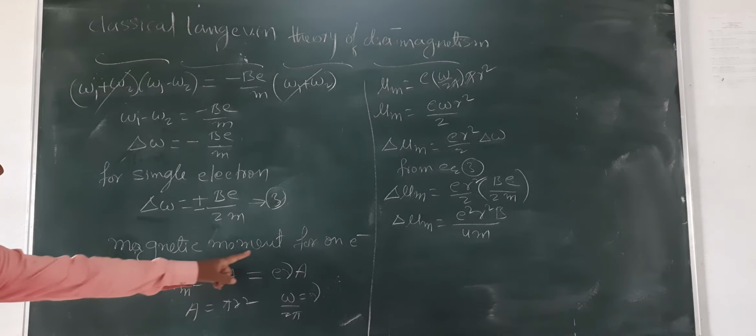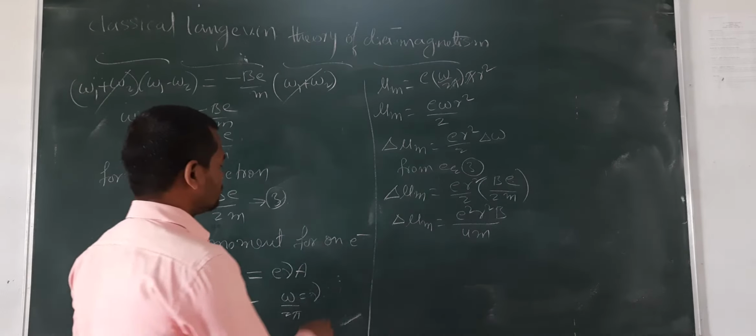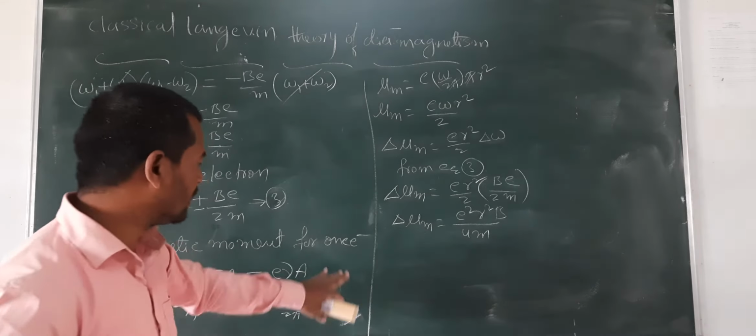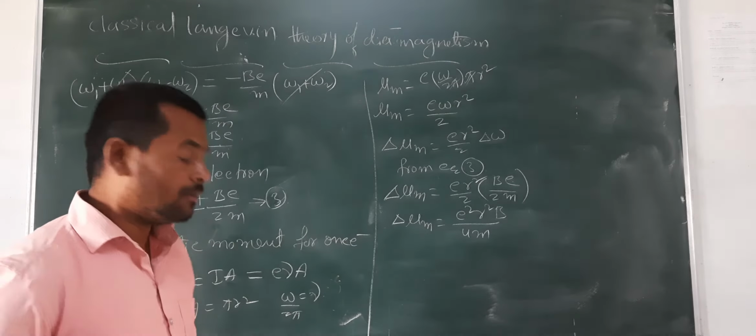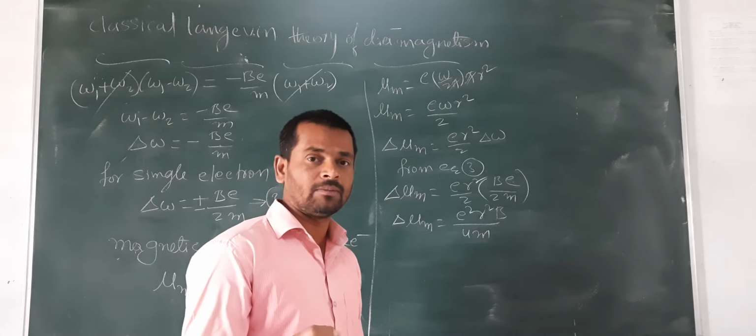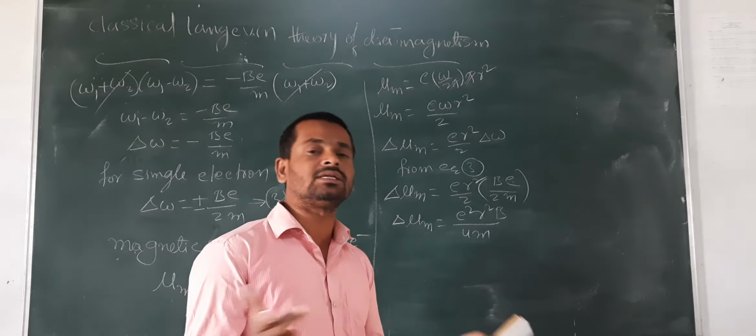So the magnetic moment for one electron we got first. But if we consider an atom, it may contain a large number of electrons.